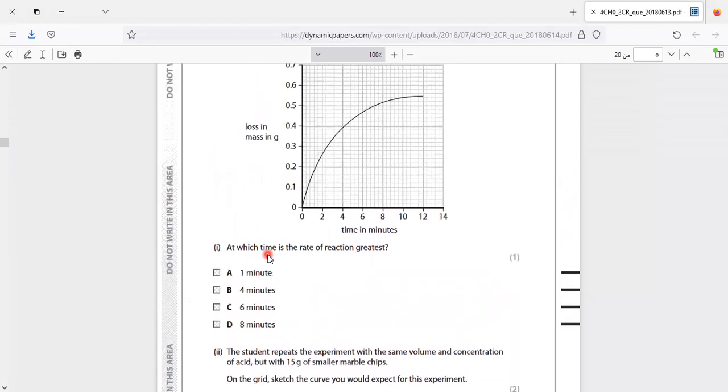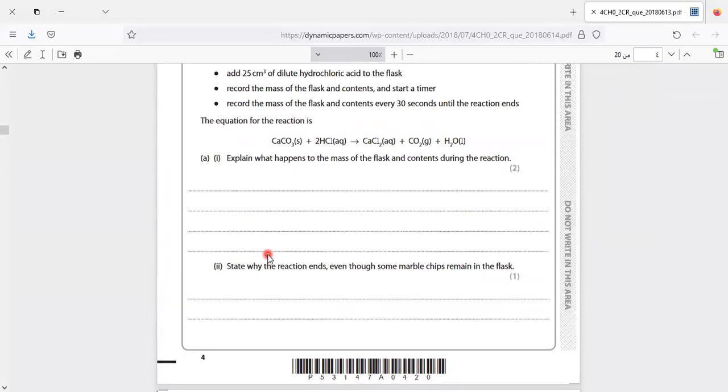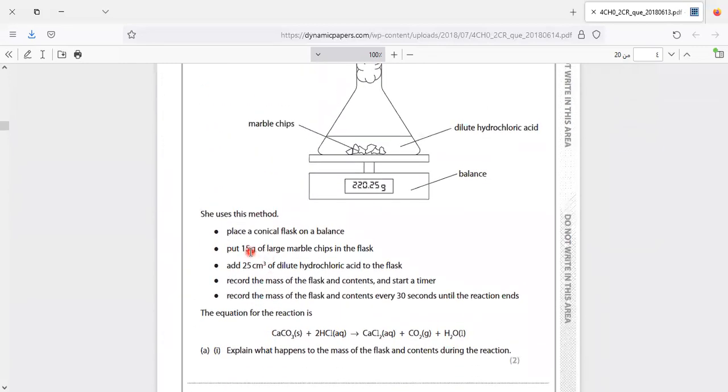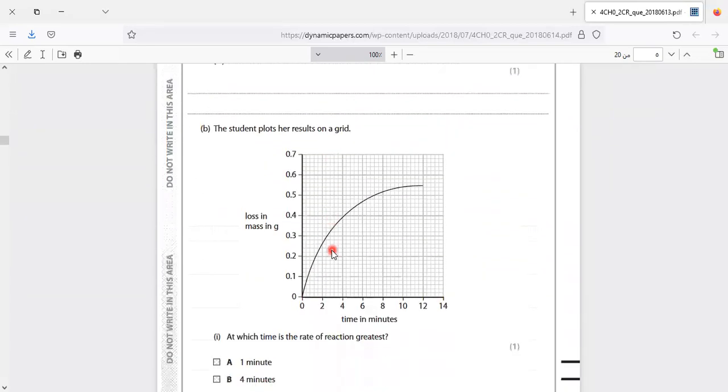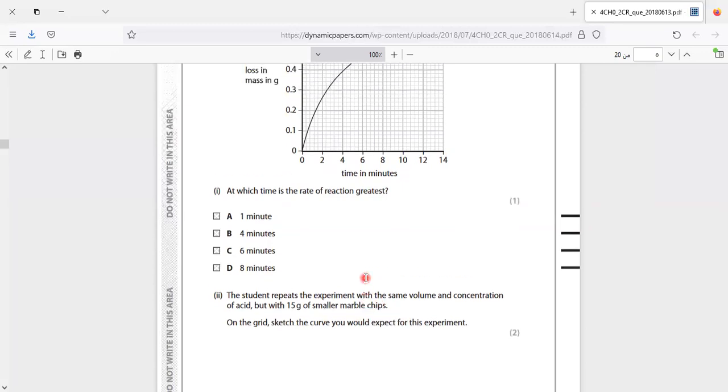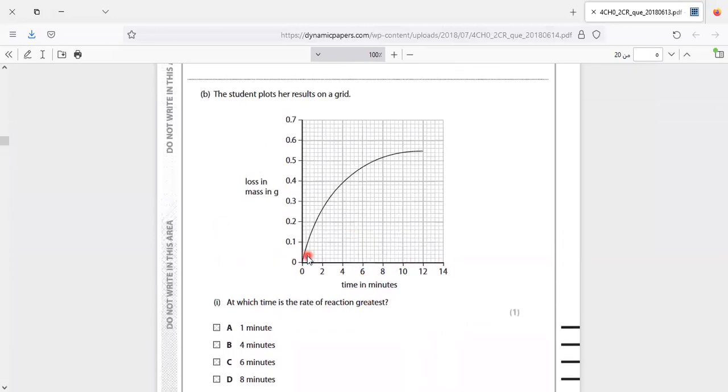She repeated the experiment, using the same mass and same volume, the same concentration of hydrochloric acid, but here at the beginning, large marble chips. But now, smaller marble chips. So I increase the surface area. What do you expect about the curve here?